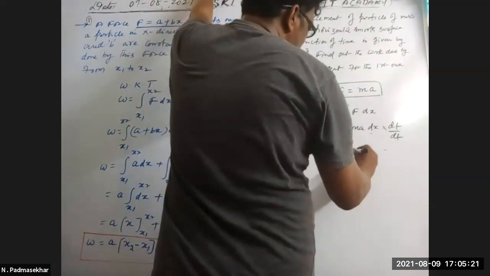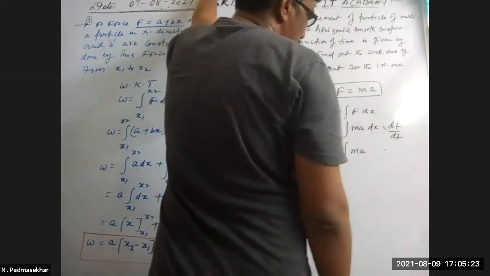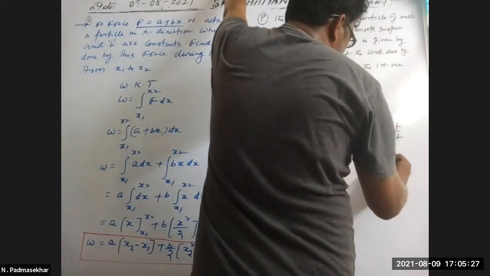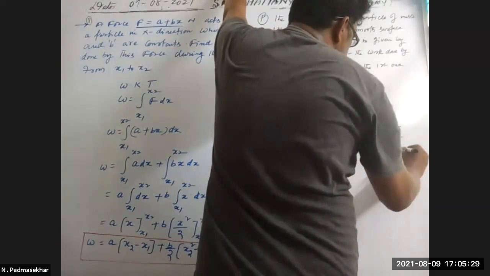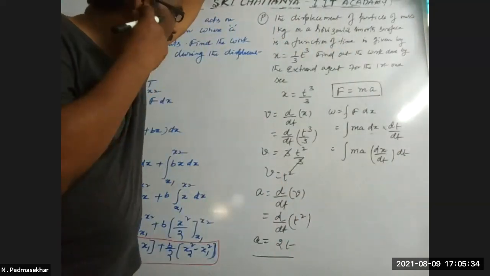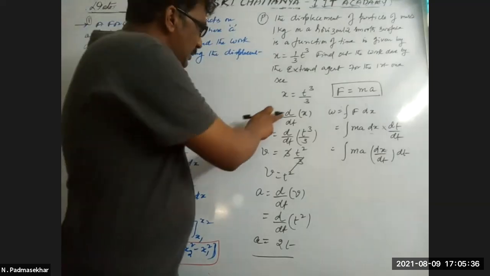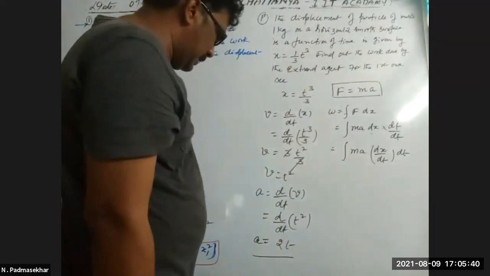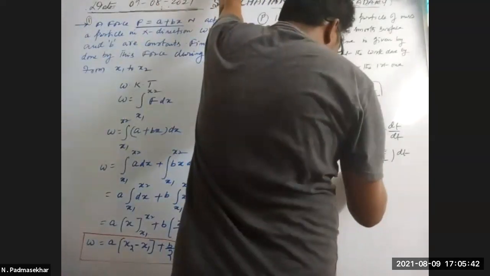So this is equal to m a, dx by dt into dt. So dx by dt is equal to what? Velocity. dx by dt is equal to velocity.